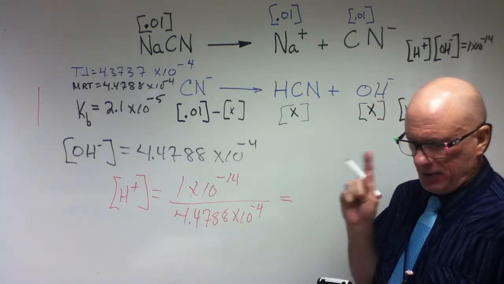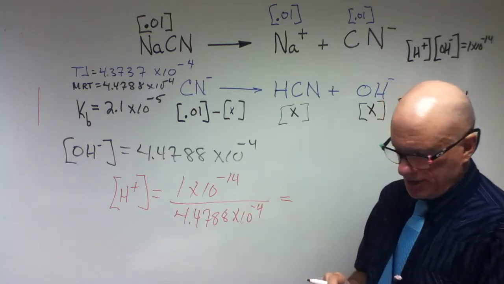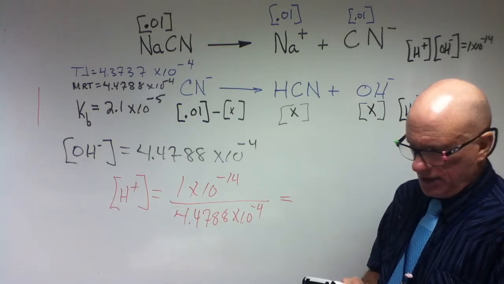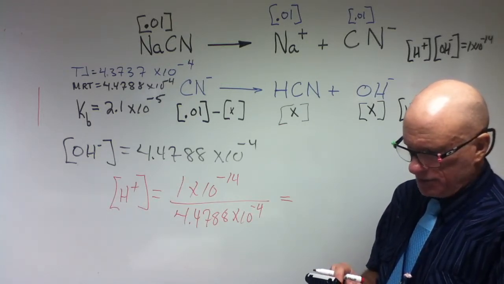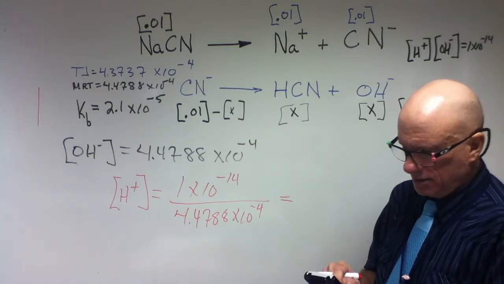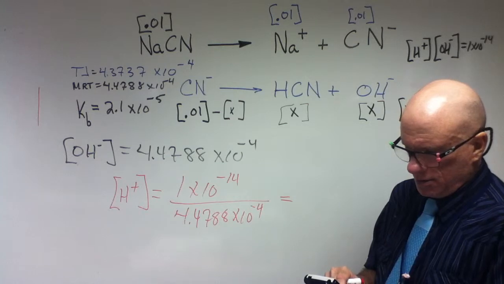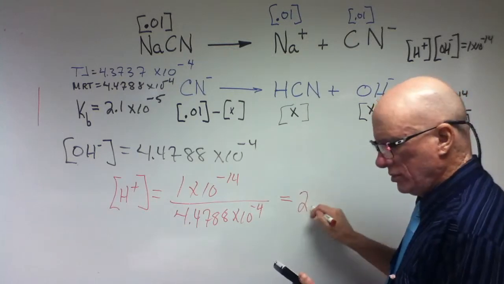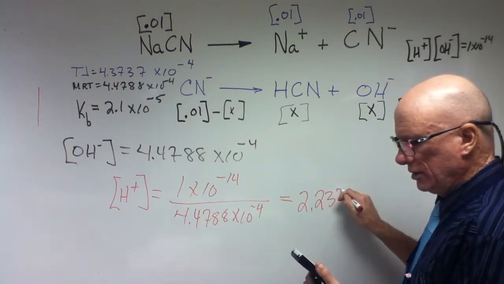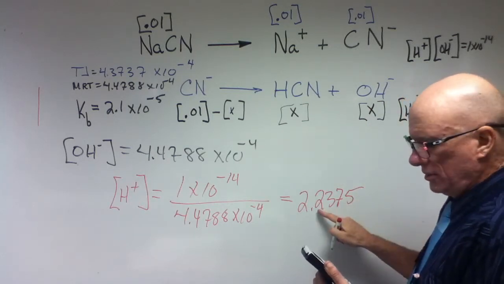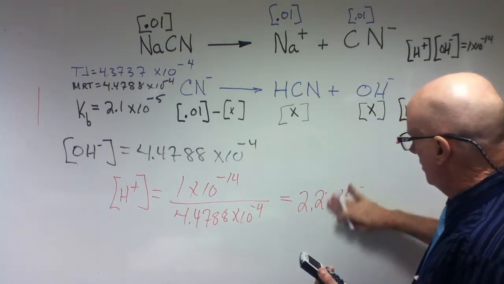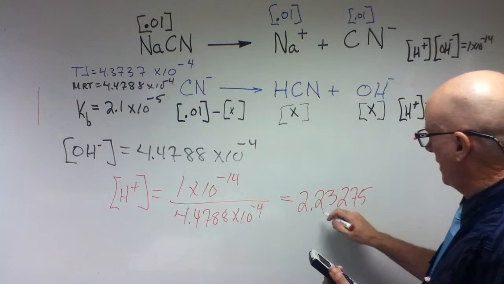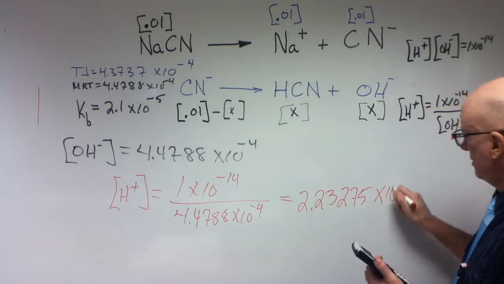So I'm going to say this divided by that, right? 1 times 10 to the negative 14 divided by answer. 2.2375, 0.23275. I went out 5 places there. Times 10 to the negative 11.